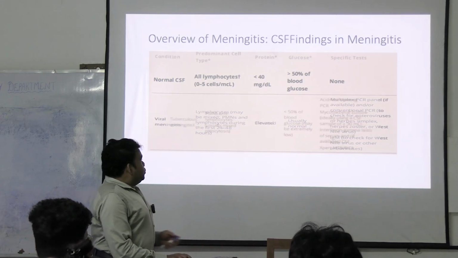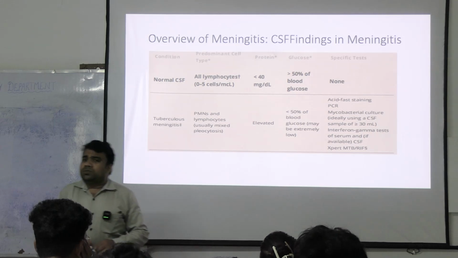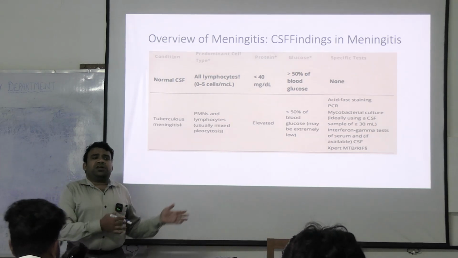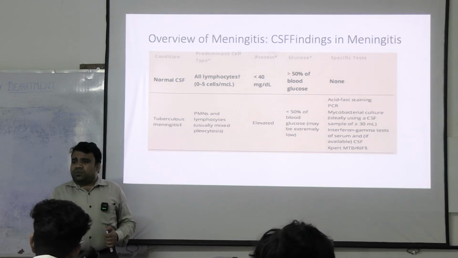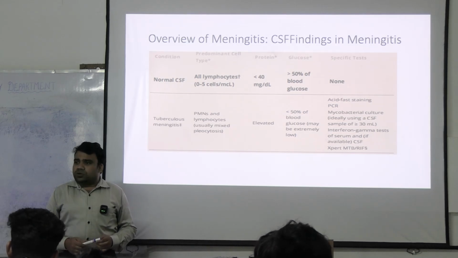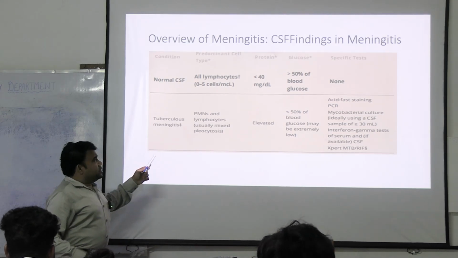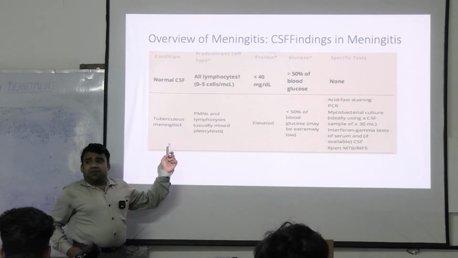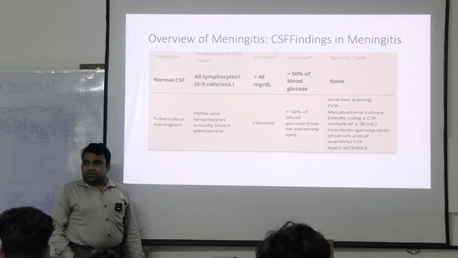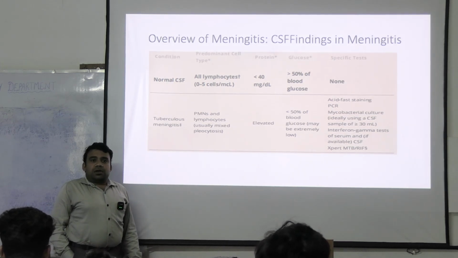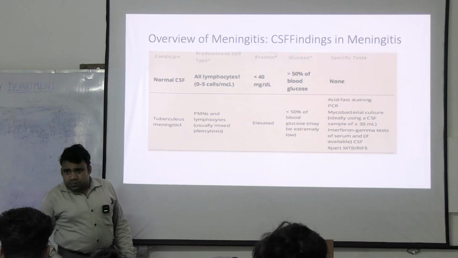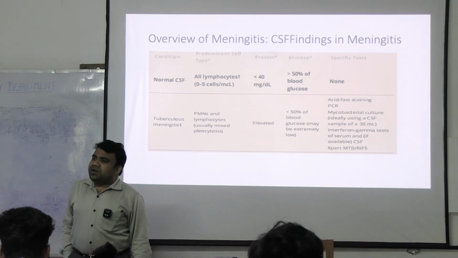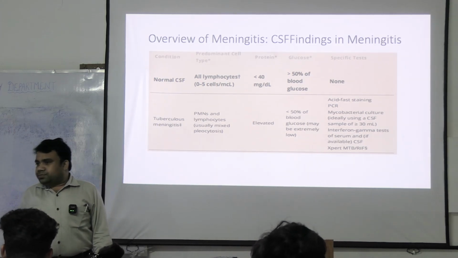Now, also we have to ascertain two important causes, like chronic meningitis. I have told you that in chronic meningitis we have, very importantly, tuberculous meningitis. In tuberculous meningitis we have what is called mixed pleocytosis. Although lymphocytes are increased in number, we can find a significant number of neutrophils also.